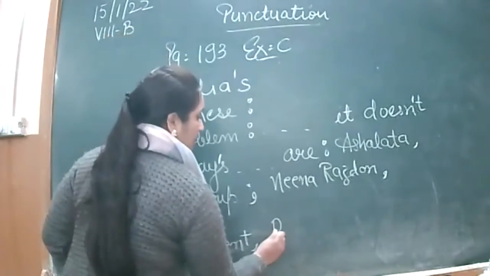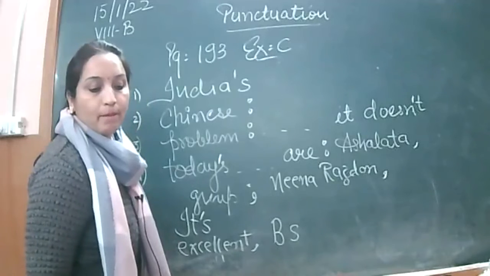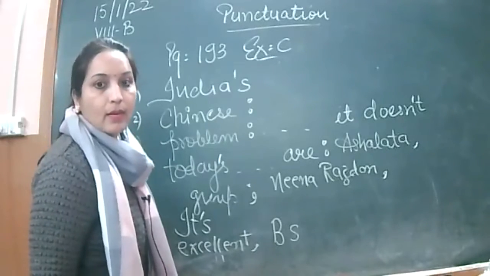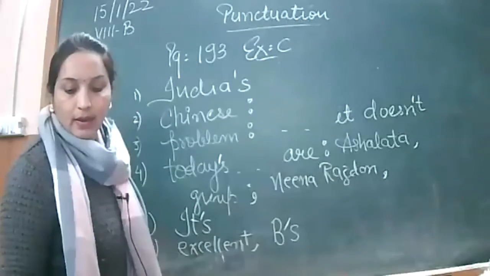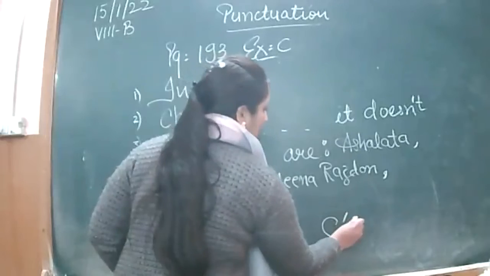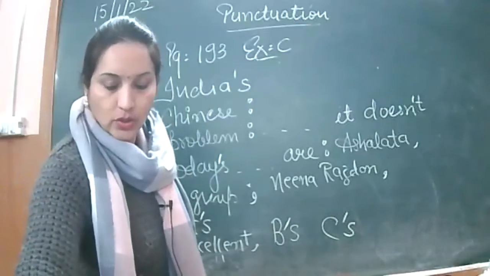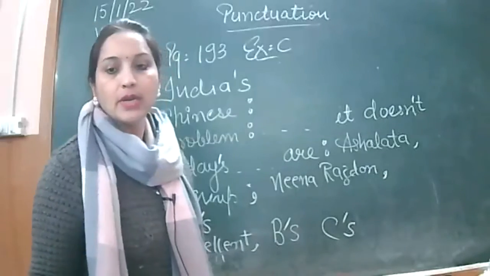B is for good. Yes, here, comma. B is for good and C is for average. So you will be writing an apostrophe between B and S, between C and S.